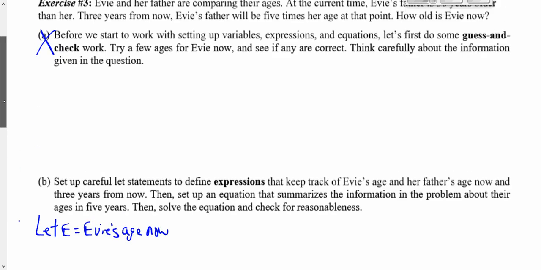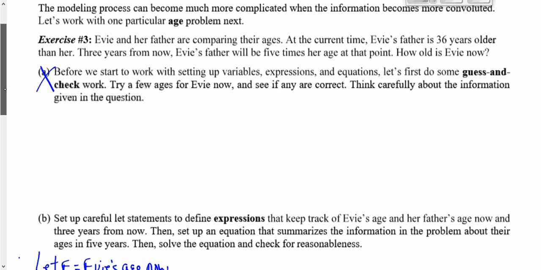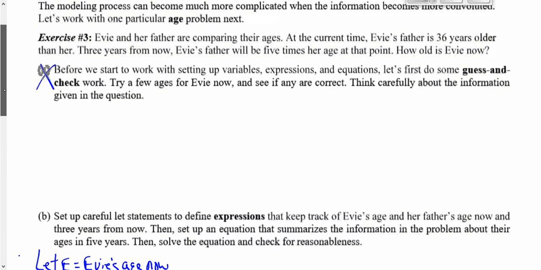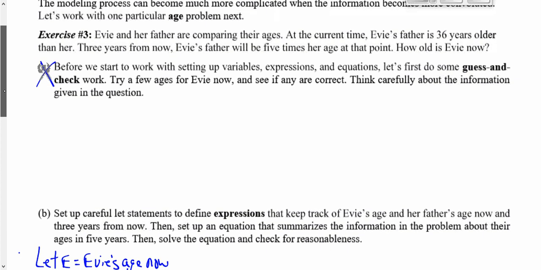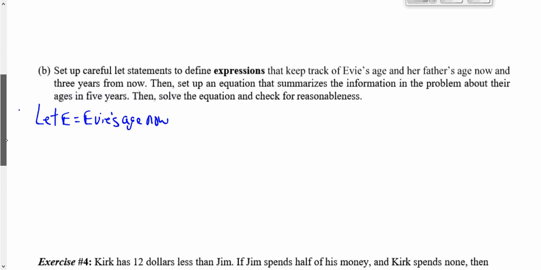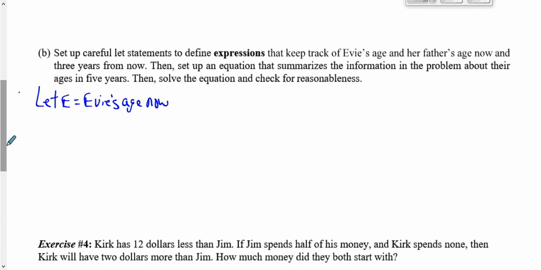And then how do we represent her father? If he's 36 years older than her, he is 36 years older than her age, E. So how do we write that? E plus 36 equals father's age.